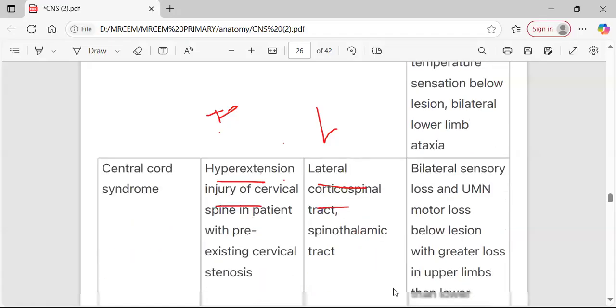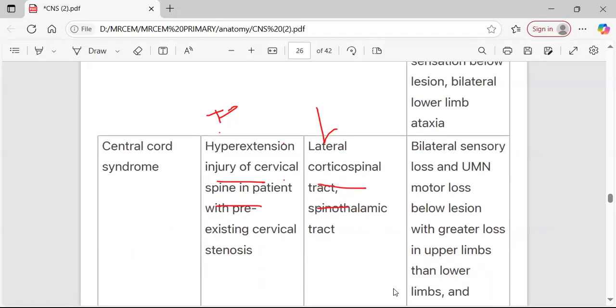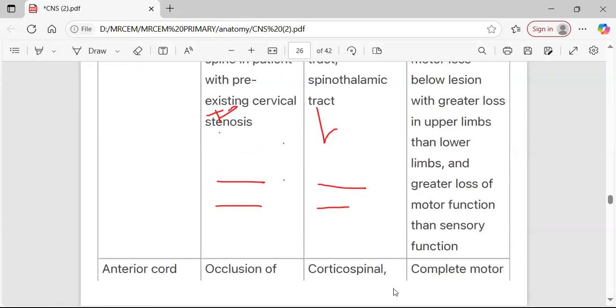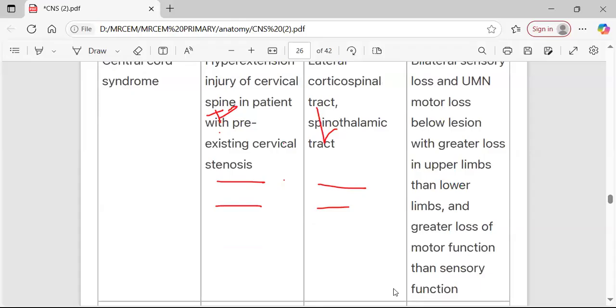And the other is central cord syndrome, which most of the time involves a hyperextension injury of the cervical spine. In this, always remember there will be greater loss in the upper limb as compared to the lower limb, and also a greater loss of motor function as compared to sensory function. That will be diagnostic for central cord syndrome in the exam.